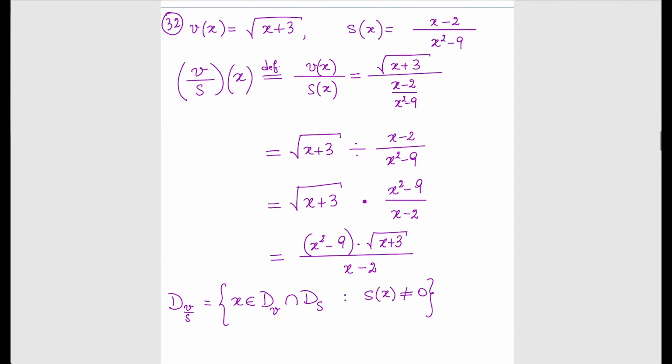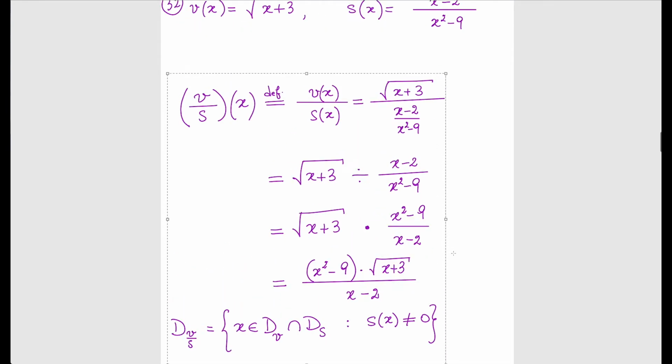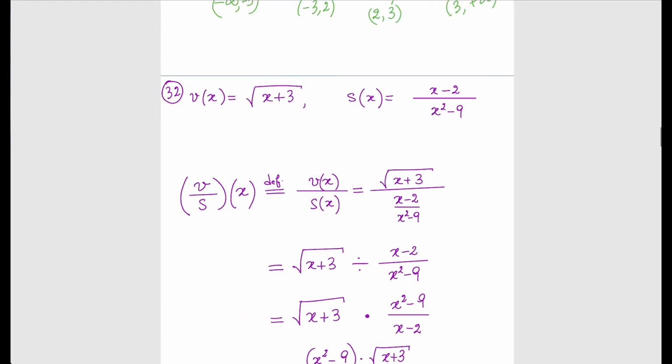Let's do it. Let's make some room for this, and let's do it over here. What's the domain of v? Well, the nature of the output of v is a square root, right? And a square root makes sense as long as the radicand is non-negative.